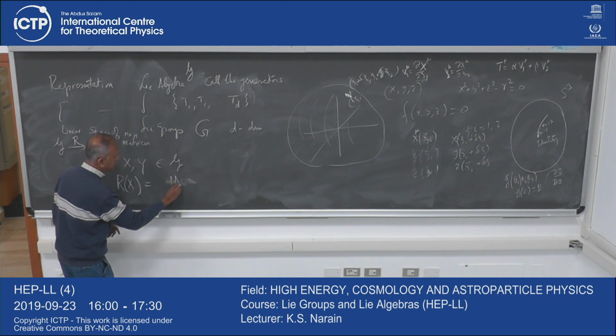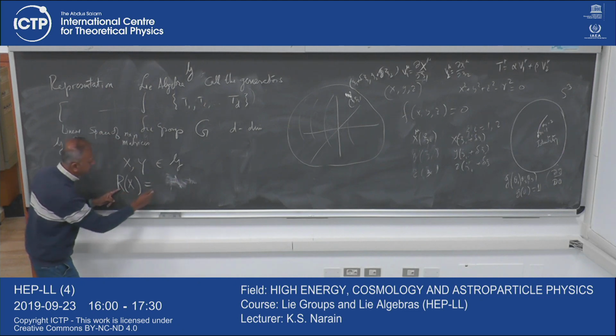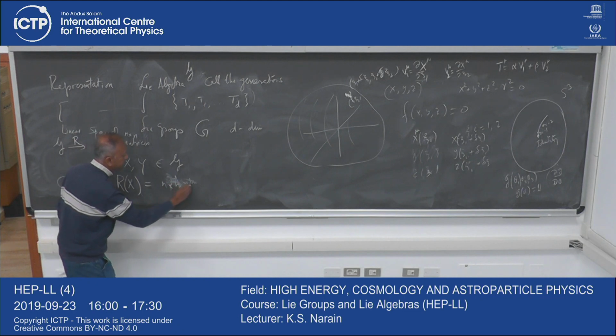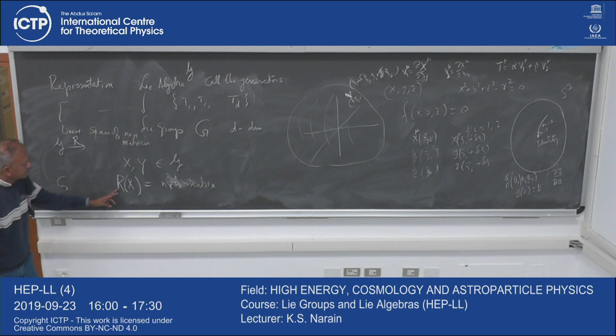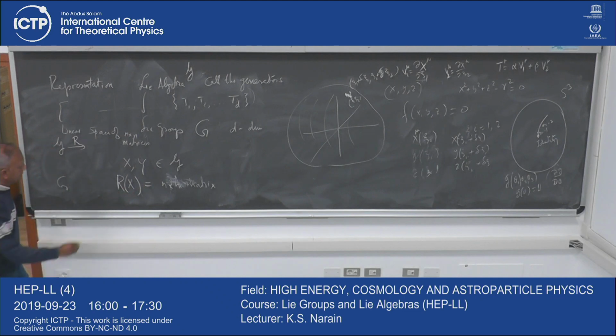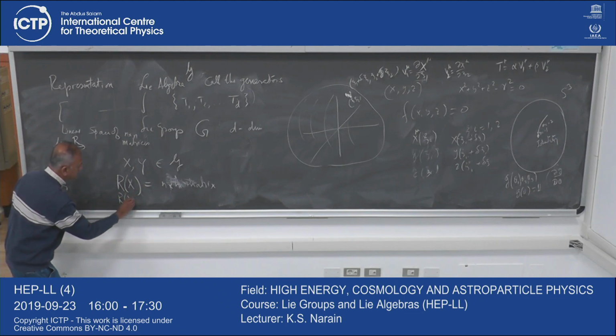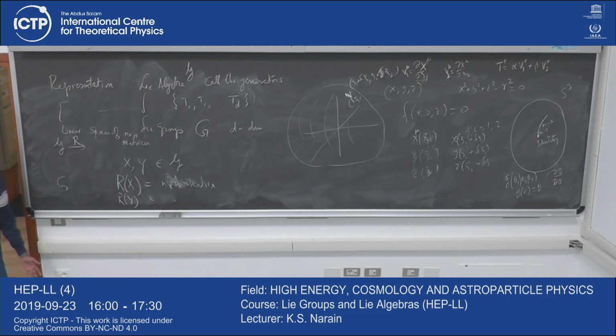R takes X to an n by n matrix. Similarly, R of Y is going to be another n by n matrix. In general it will be different, because X and Y are in general different elements.